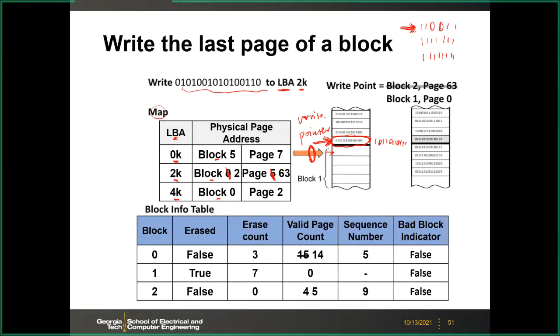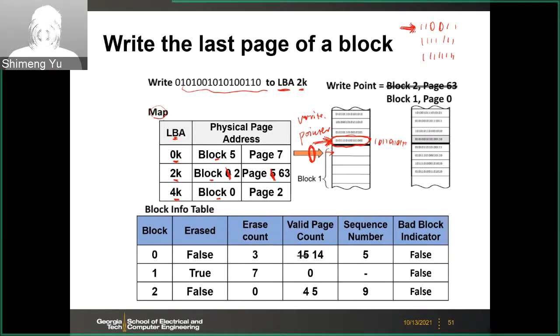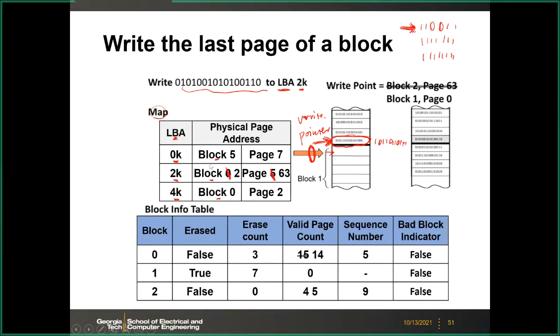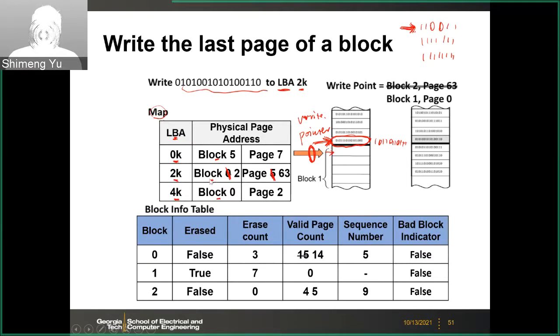Meanwhile, you have to update this block information table. This one records the block's information. For example, after you do this, you have to reduce the valid page count in block 0, because this logical address used to be stored in block 0.